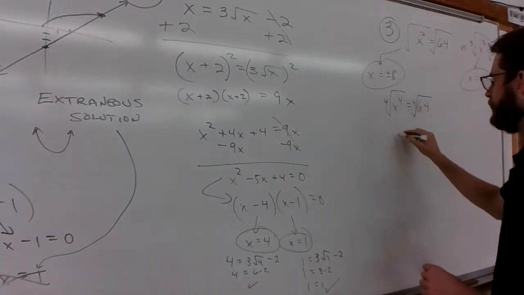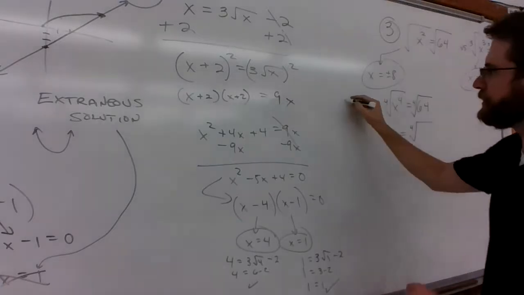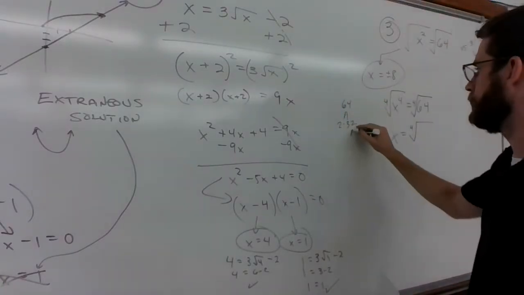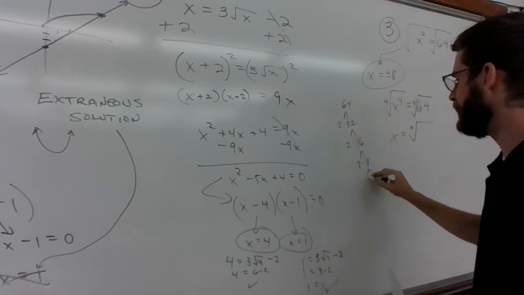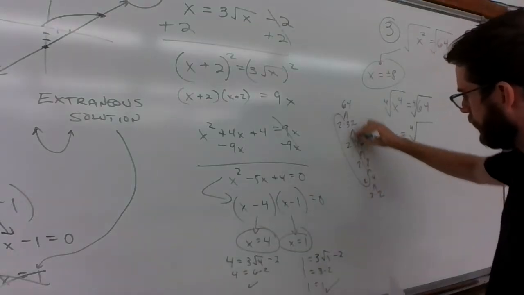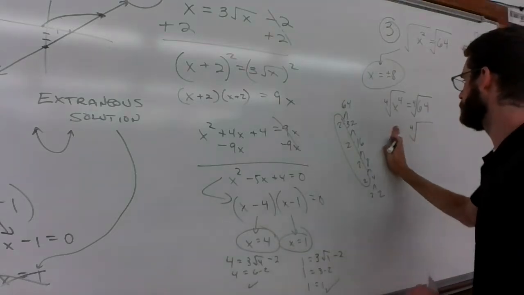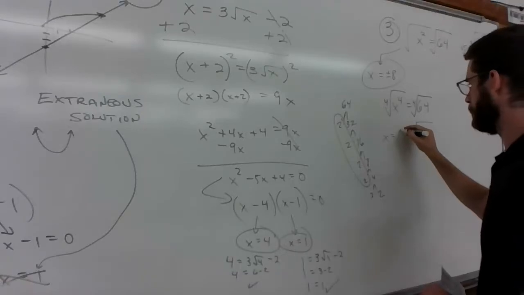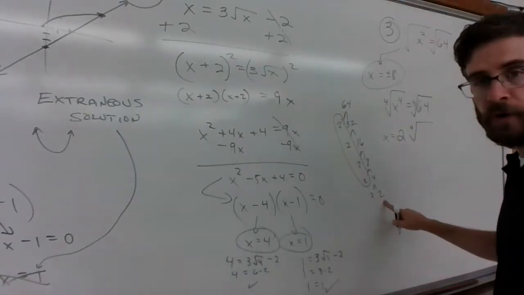The 4th root of 64 would be, well, 64 is equal to 2 times 32, 2 times 16, 2 times 8, 2 times 4, and 2 times 2. There's one set of quadruplets of 2's in there that can come out, with 2 left over right here.